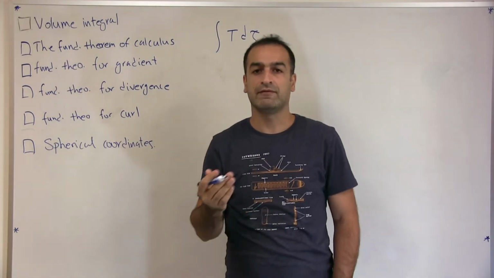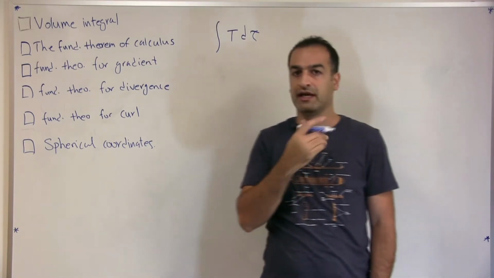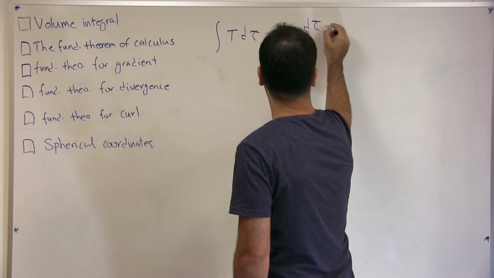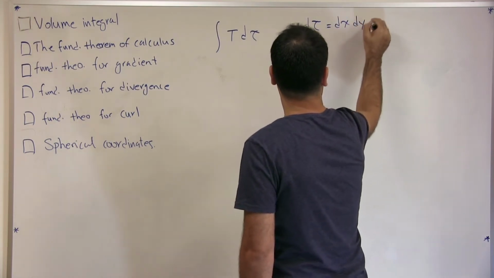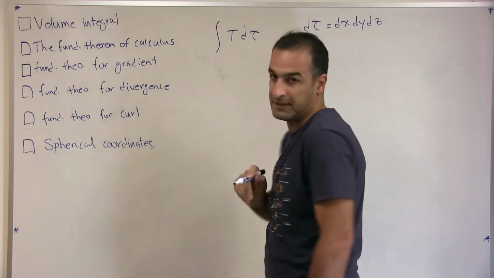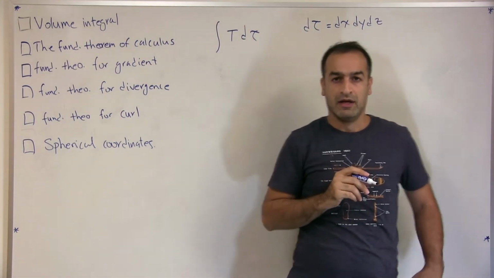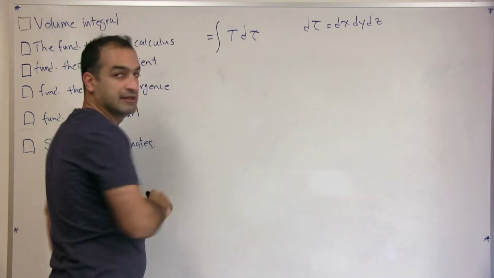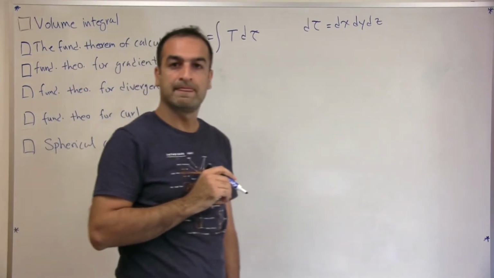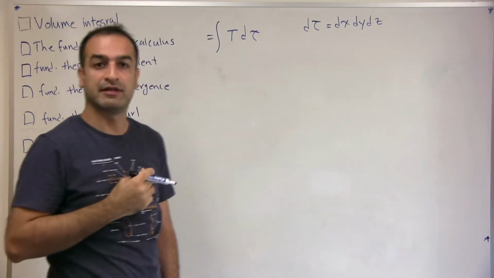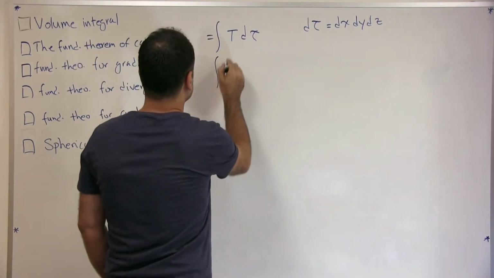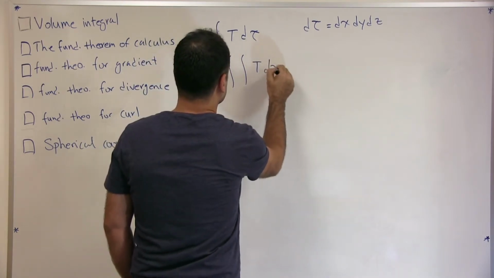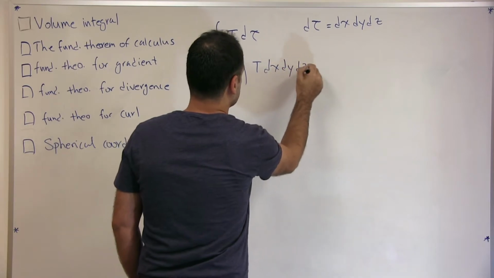If we are working in Cartesian coordinates x, y, z, then d tau is simply dx dy dz. So this integral is technically a triple integral, and you can define it as 3 integrals dx, dy, dz.